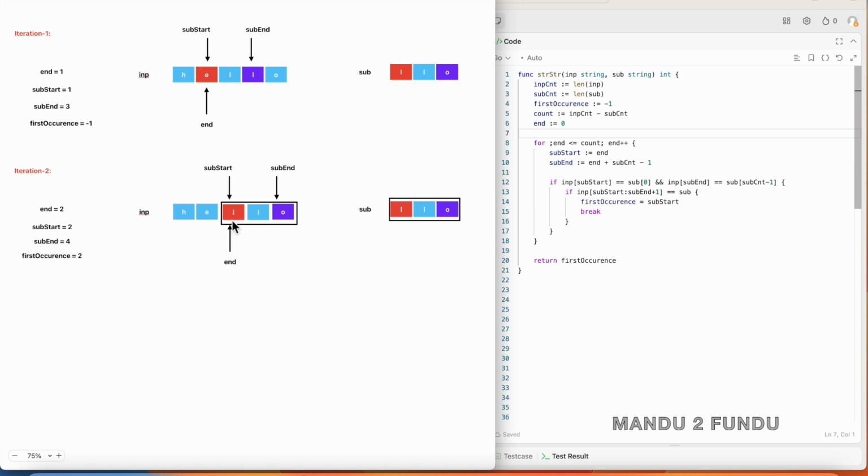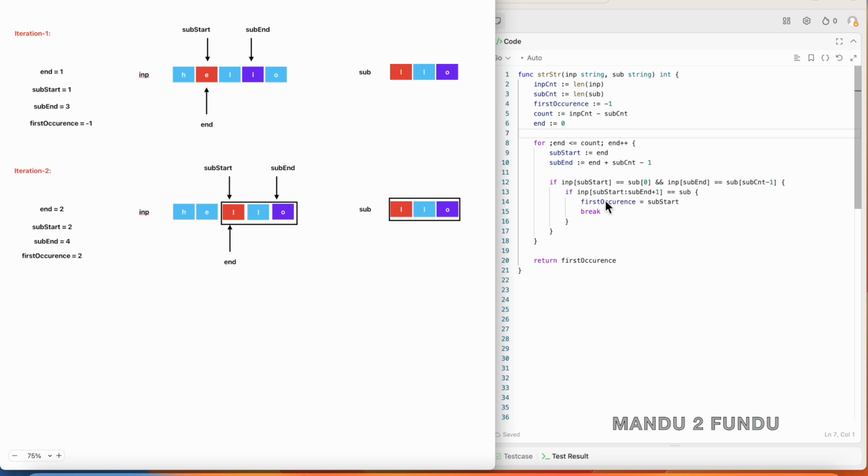Now the end pointer points to the letter L, and the subend points to the last character of the string. When we compare the character pointed by substart with the first character, it matches, and the character pointed by the subend with the last character, it matches. So in this case we check whether the substring formed by those two indexes, substart and subend, is equal to the second string.